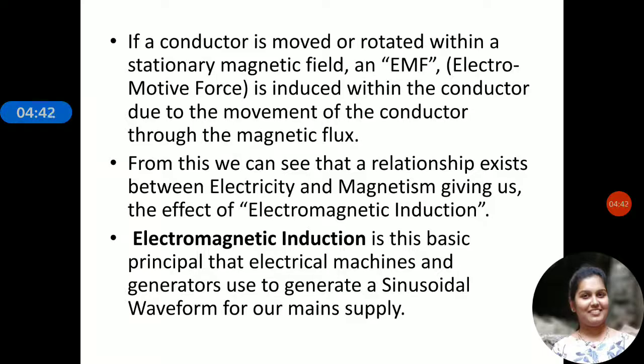This means that there is a relationship between electricity and magnetism, giving us the effect of electromagnetic induction. This property, electromagnetic induction, was first discovered by Michael Faraday, and it is the basic principle that any electrical machines or any generator use to generate sinusoidal waveforms for our main supply.